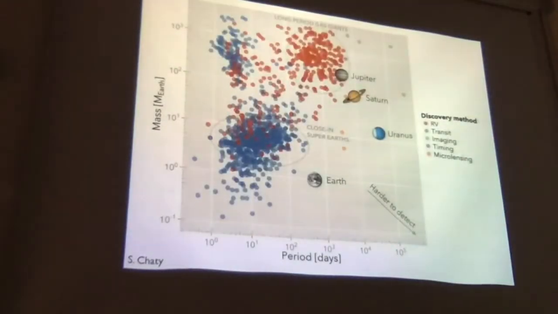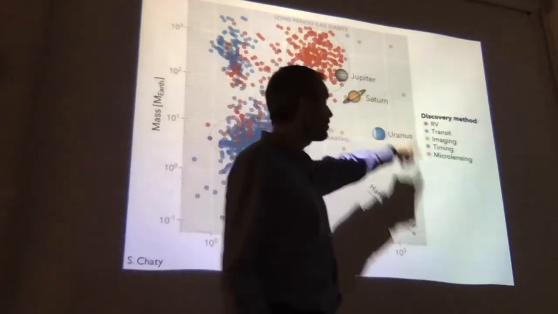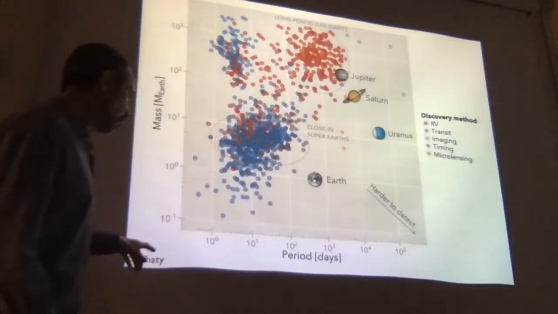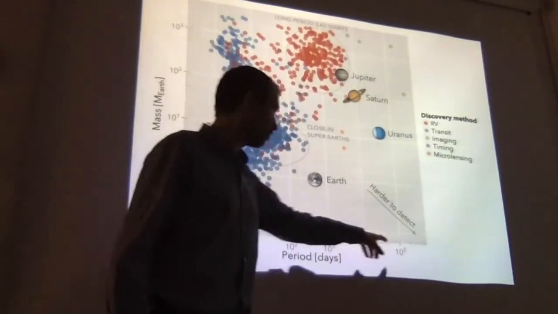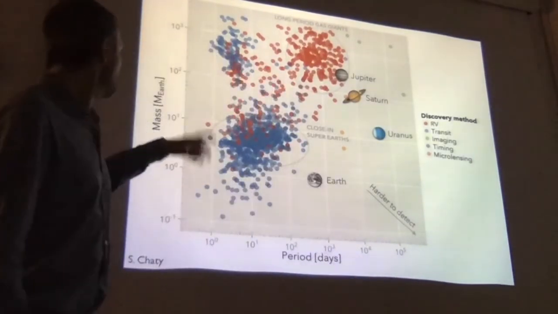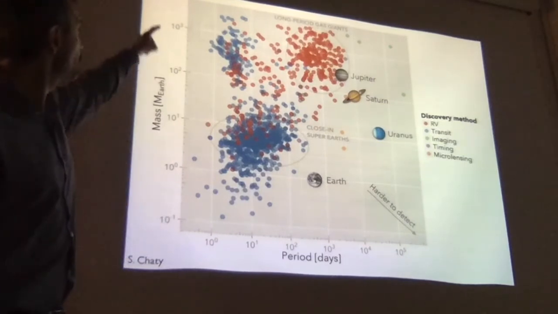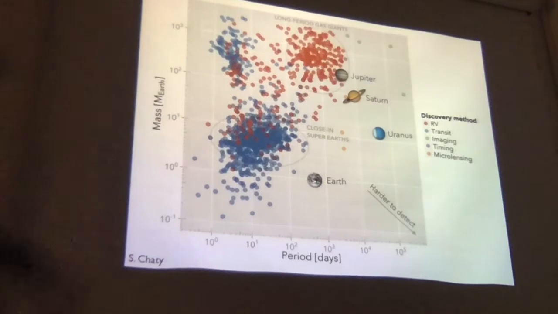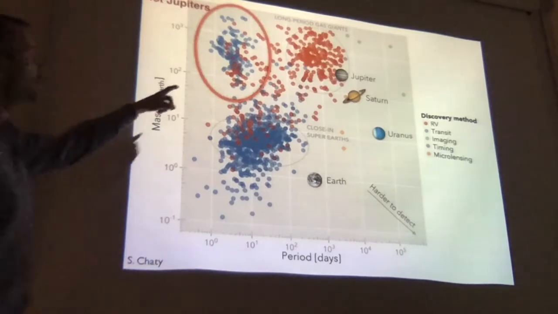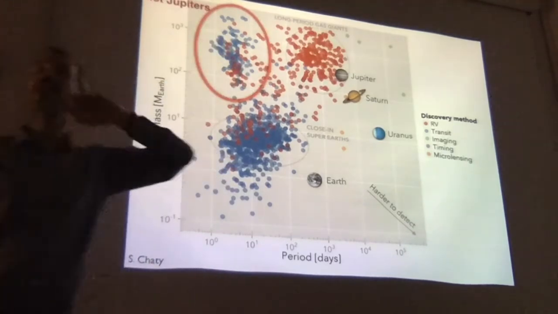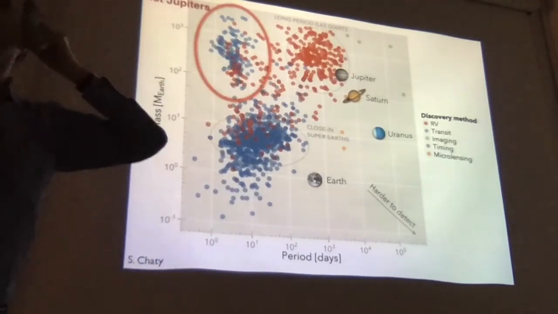These are the properties. Again, here you have the color coding for the discovery methods. The orbital periods go from 1 to 10 to the 5 days, and mass goes from 0.1 to 10 to the 3 Earth masses. And you see that there are 3 big groups. The first one is what we call the hot Jupiters, like the first one discovered in 95.